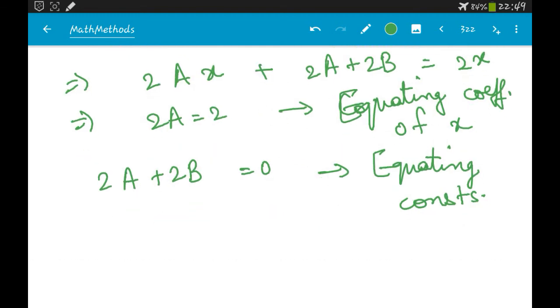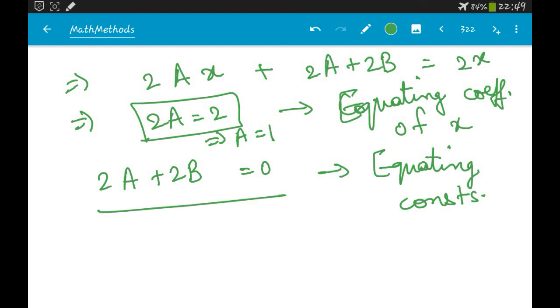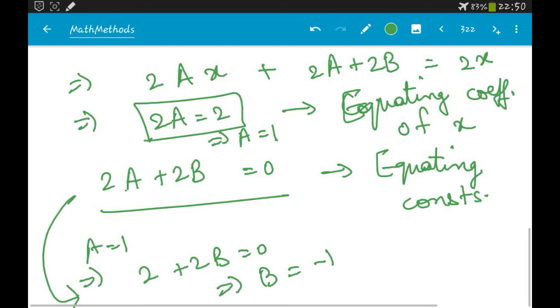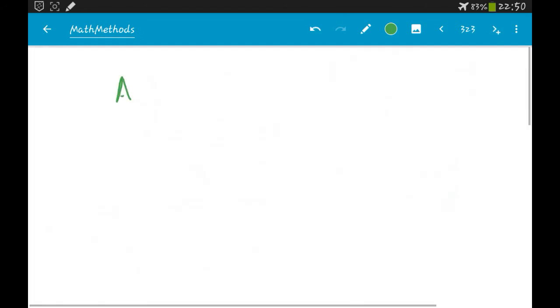So from the first equation we can get a is equal to 1, and then from the second equation if we substitute a is equal to 1, we will get 2 plus 2b is equal to 0, so b is equal to minus 1. So we have got a is equal to 1 and b is equal to minus 1.